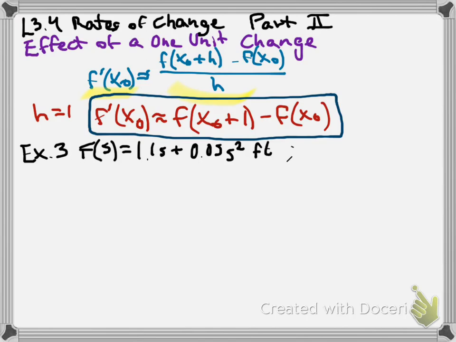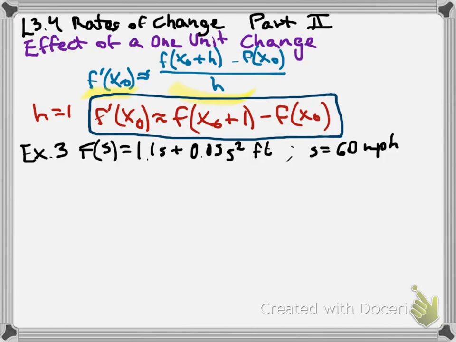And for s equals 60 miles per hour, we have to estimate the change in the stopping distance if the speed is increased by 1 mile per hour.